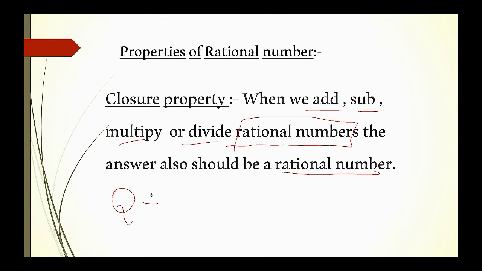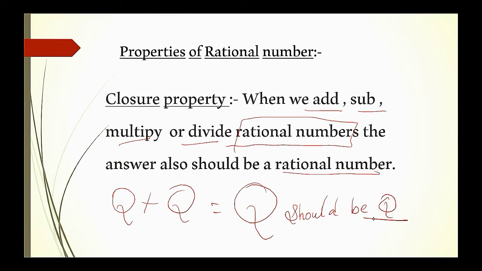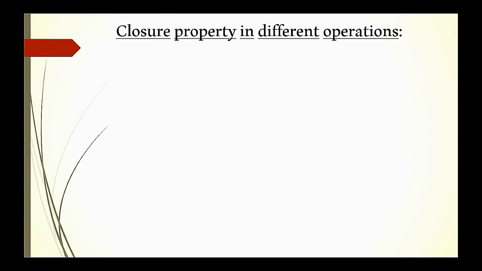So when I add Q plus another Q, the answer also should be Q. We have four different operations: addition, subtraction, multiplication and division. Let us check in all four whether they will satisfy this property or not.